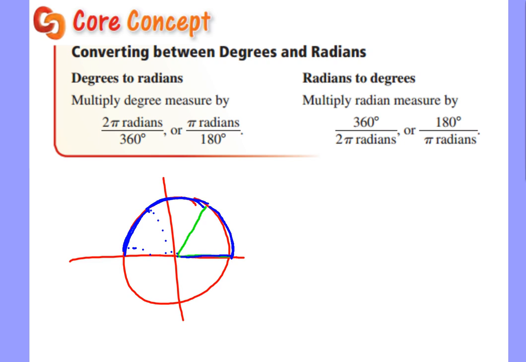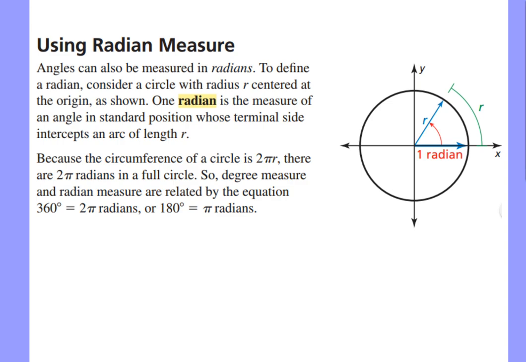So this is our conversion. If we're still struggling with what a radian is, this slide may help a little more. If we have our radius as r, and we make this one arc right here also r, that means it has a measure of 1 radian based on that radius r.